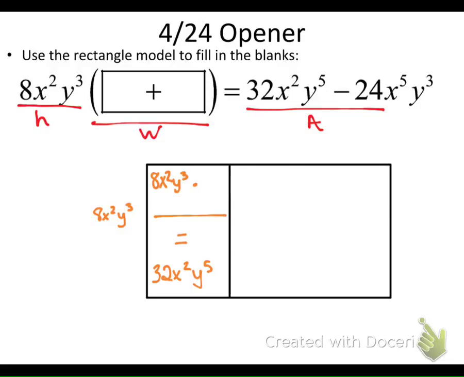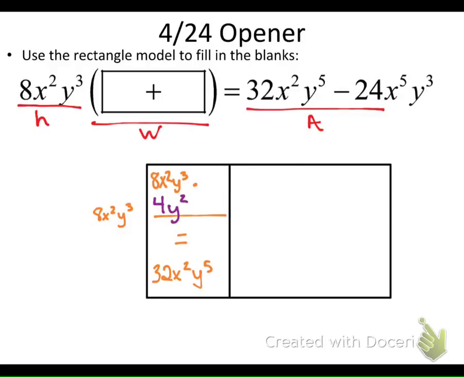4. Thank you. 4. Now I have x squared here, and my area already has x squared. So do I need another x? No. Up here, my height is y cubed, but my area is going to be y to the 5th. So how many more y's does my width need to have? 2, right?